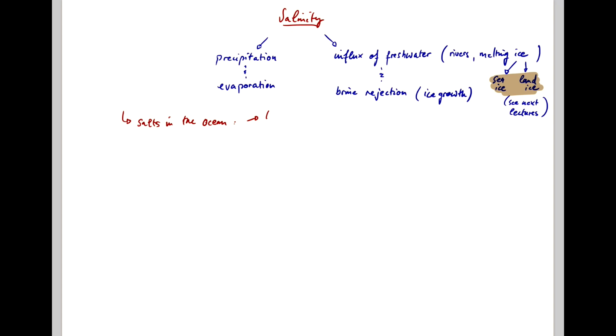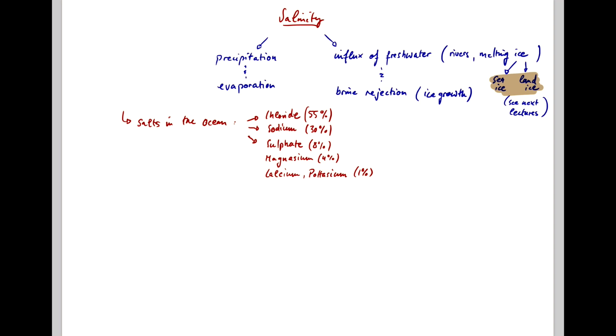Chloride makes up about 55% of all the salts, sodium around 30%, and then there's a whole range of other minor constituents: sulfate, magnesium around 4%, and then calcium and potassium at around 1%.